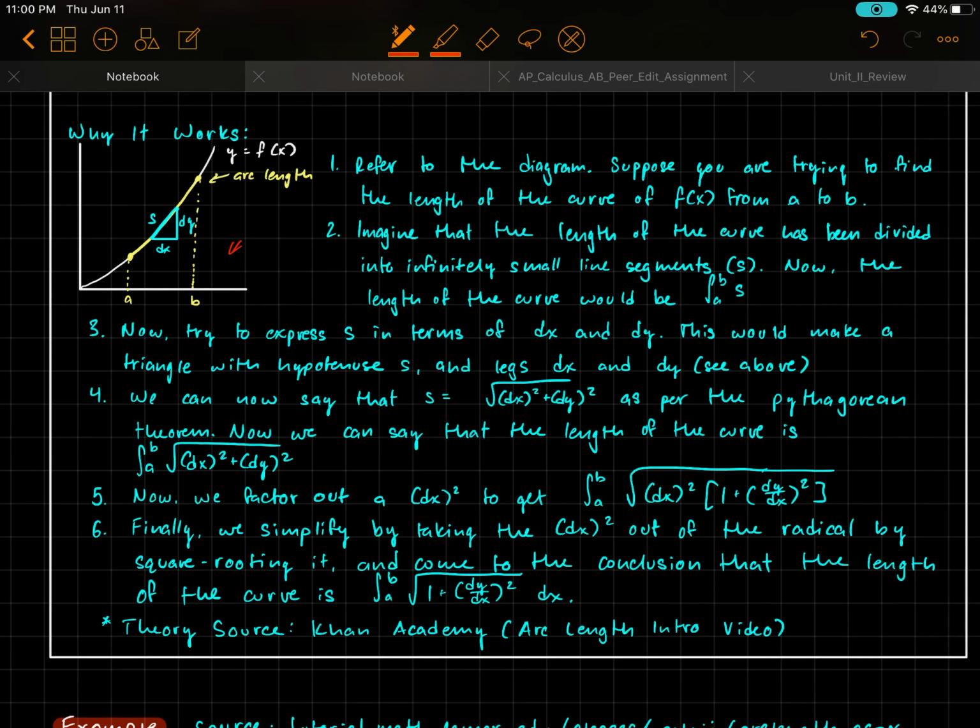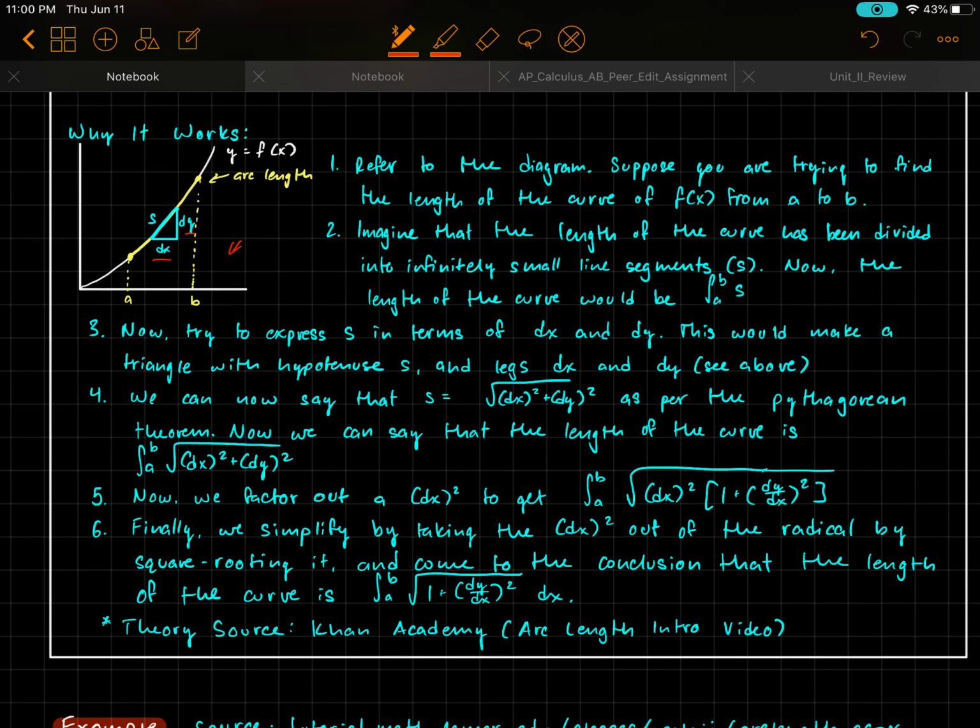And so now what we're going to do after that is try to imagine those line segments in terms of dy and dx. So we can see that the horizontal component and the vertical component of this right triangle with the hypotenuse of s would have the legs of dx and dy.